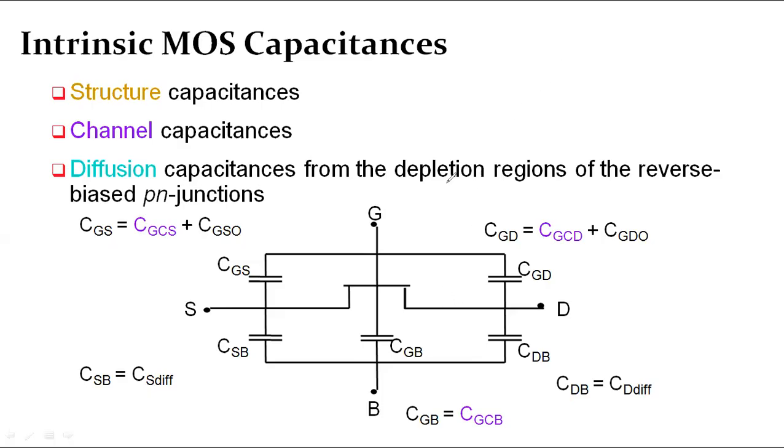Let's see here the three terminals of MOSFET. One is called source, gate and drain. Okay, here the thing called capacitance. Capacitance is between the two layers.